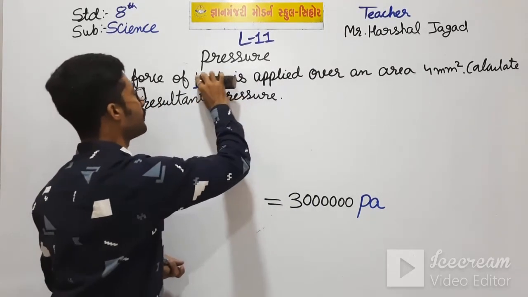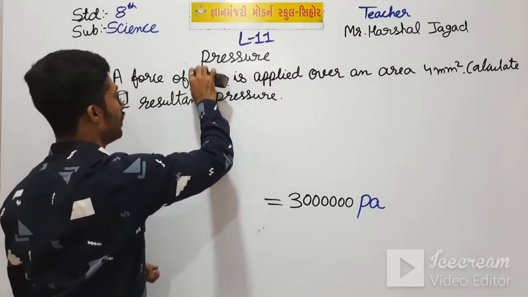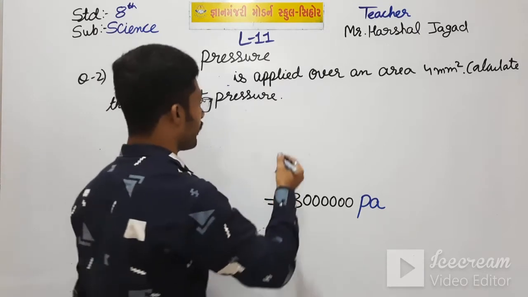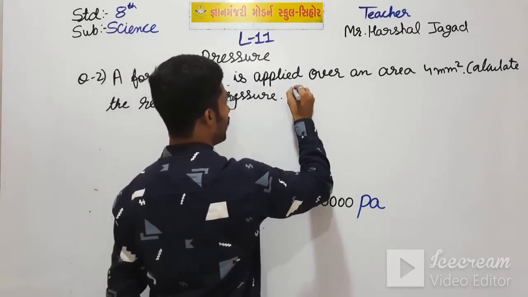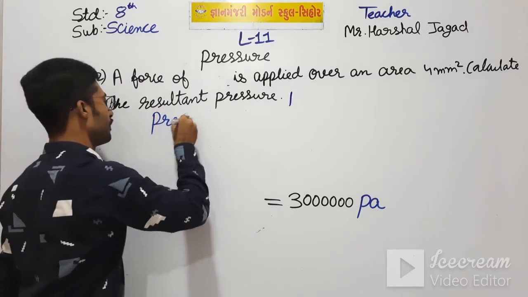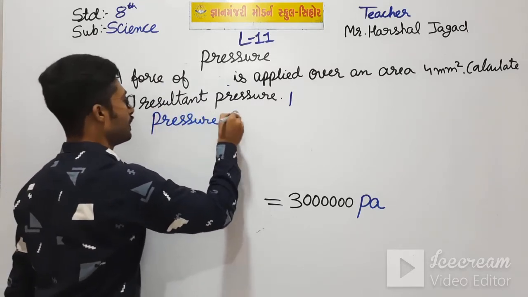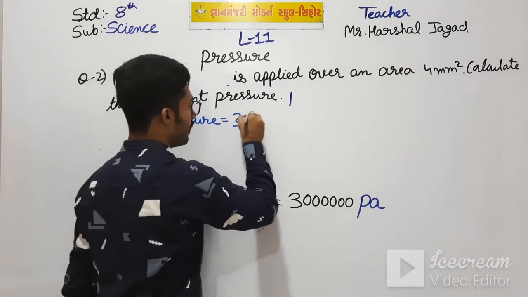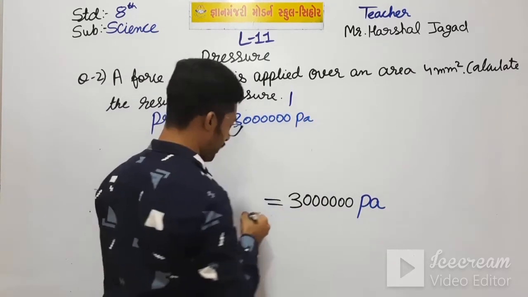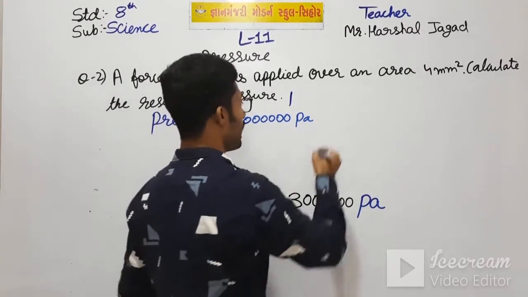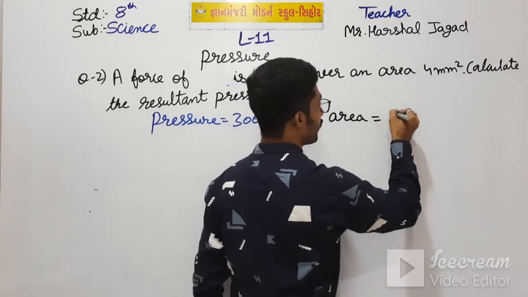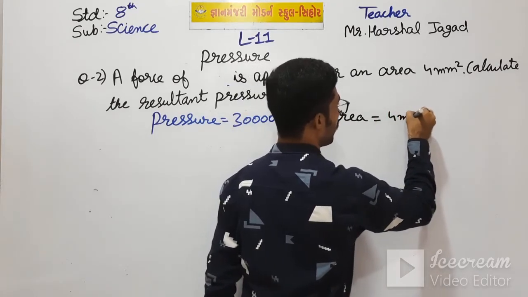Here, if we have given the pressure, let me rub this first of all. We have given the pressure, that is 30 lakh Pascal, and area, that is 4 mm square.